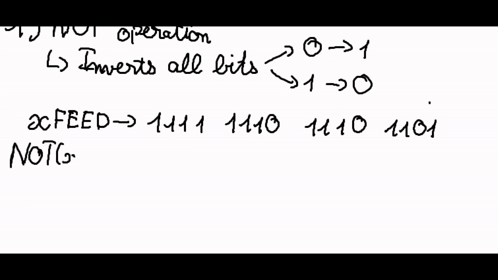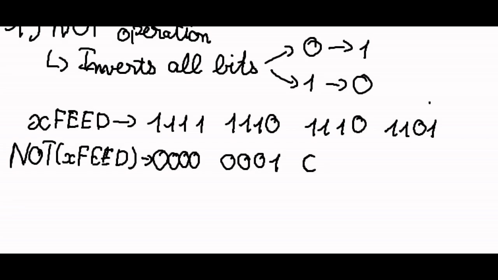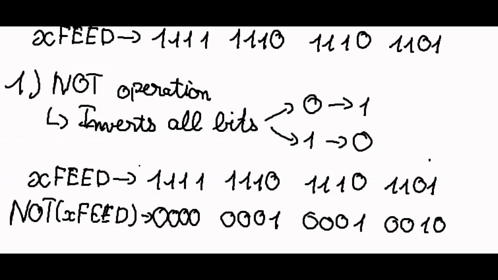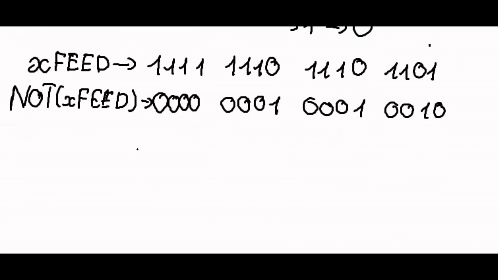So NOT XFED is, well, you turn every 1 into 0 and every 0 into 1, so it's 0 0 0 0 0 0 0 1 0 0 0 1 and 0 0 1 0. That is the answer to the NOT operation.